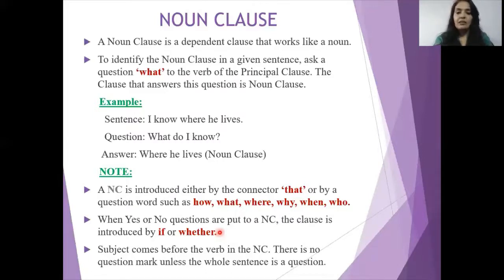When there is an interrogative sentence which starts with helping verbs, meaning the question demands a yes or no answer, then to change it into indirect speech, we use if or whether. We should keep this point in mind. We should correlate all the topics of grammar when we learn anything.